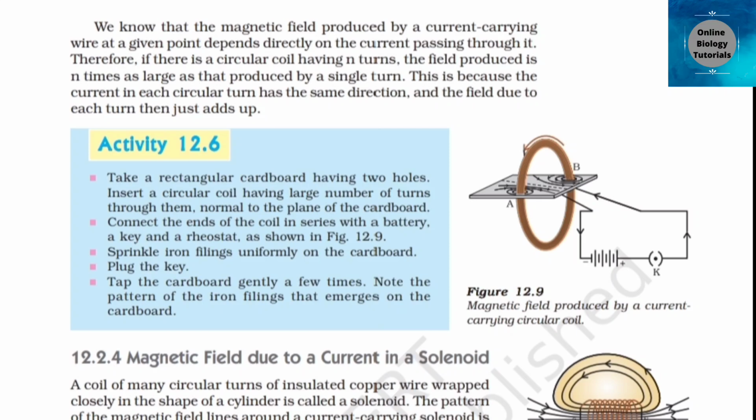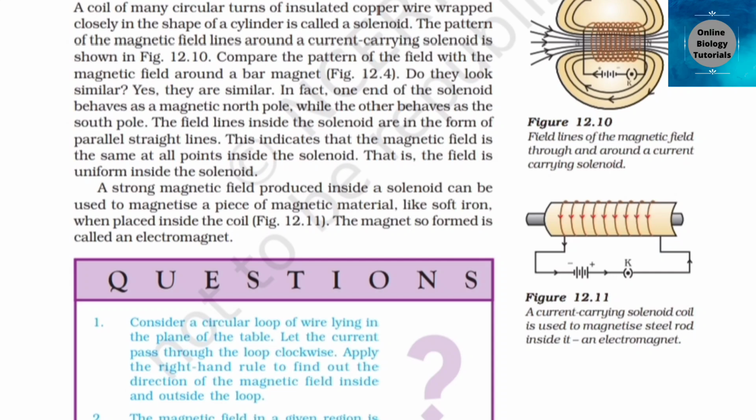12.2.4 Magnetic field due to a current in a solenoid. A coil of many circular turns of insulated copper wire wrapped closely in the shape of a cylinder is called a solenoid. The pattern of the magnetic field lines around a current-carrying solenoid is shown in Figure 12.10. Compare the pattern of the field with the magnetic field around a bar magnet, Figure 12.4.